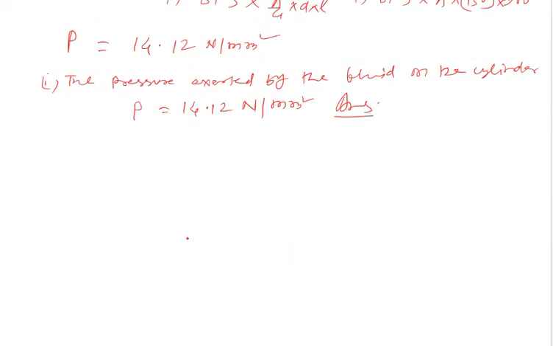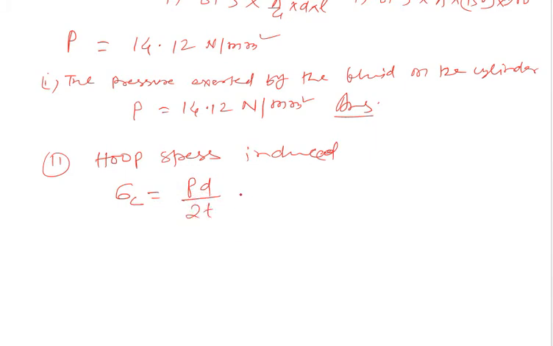Now second part is hoop stress induced. So hoop stress induced is, we know that sigma c is equal to Pd by 2T. So P is already calculated, 14.12, and D is 150 by how much, that is 2, and thickness is 8.